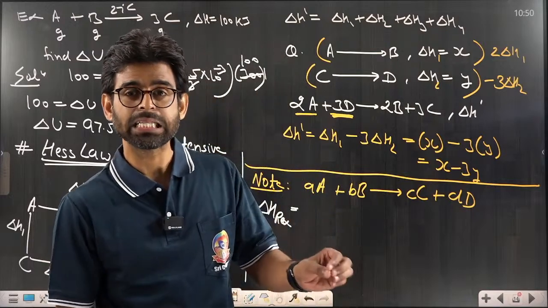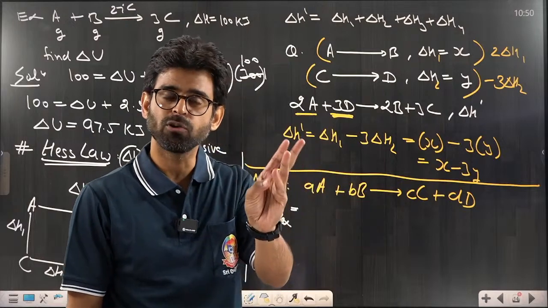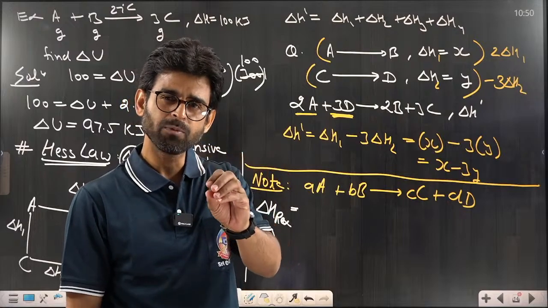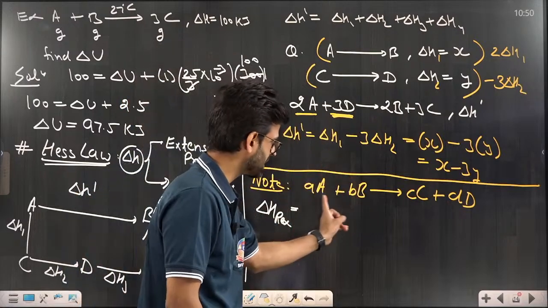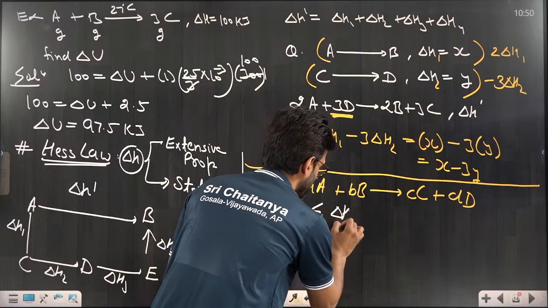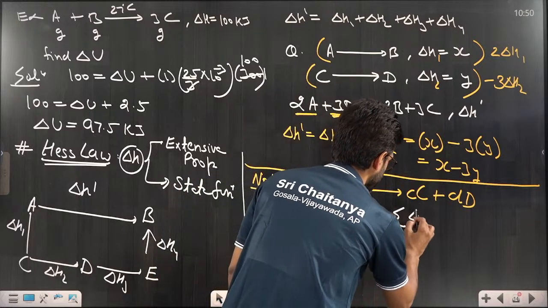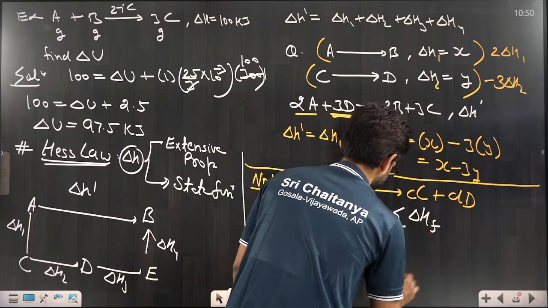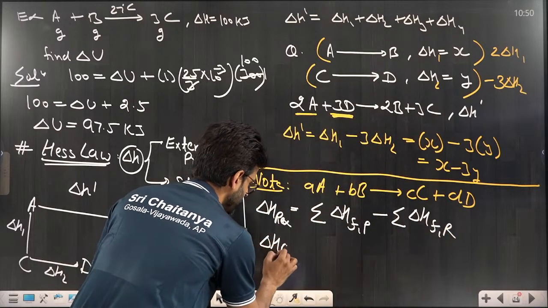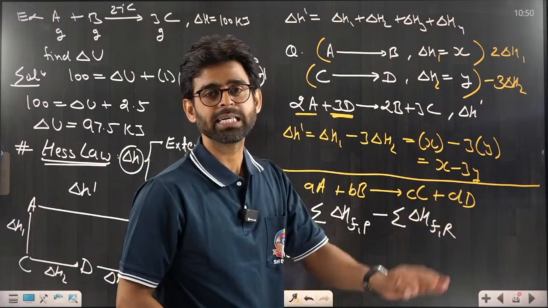Sometimes they give enthalpy of formation of A, formation of B, formation of C, formation of D. If they have given enthalpy of formation of everything present in the equation, what will I apply? Summation of enthalpy of formation of products minus summation of enthalpy of formation of reactants, right? Imagine in the question they give enthalpy of combustion of everything, A, B, C, D.